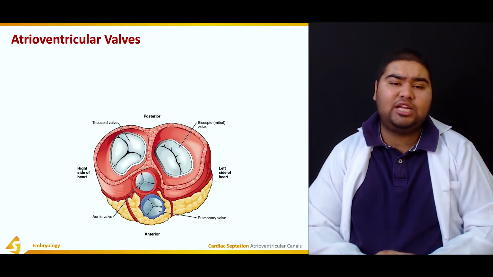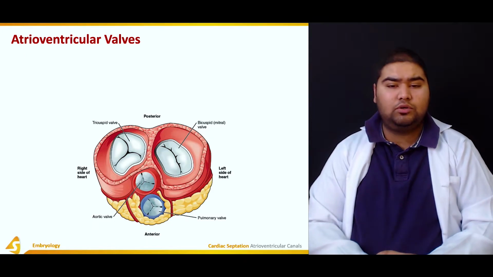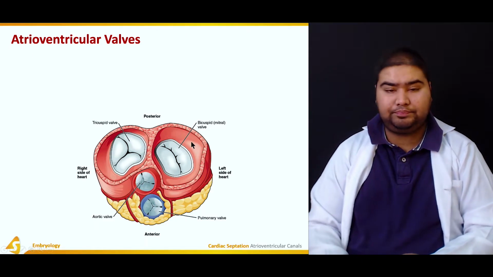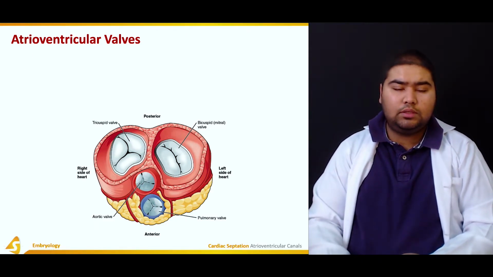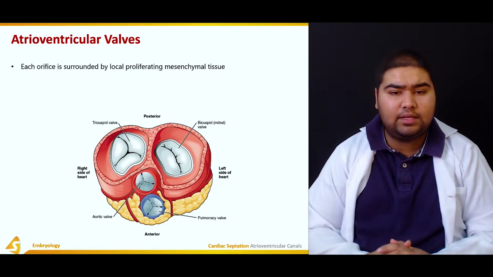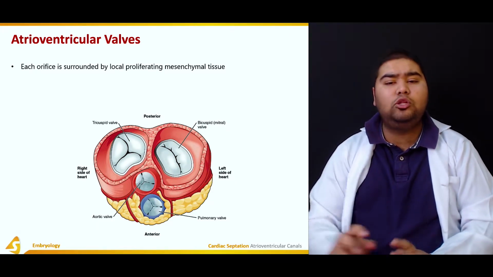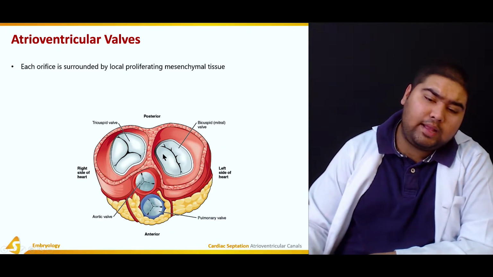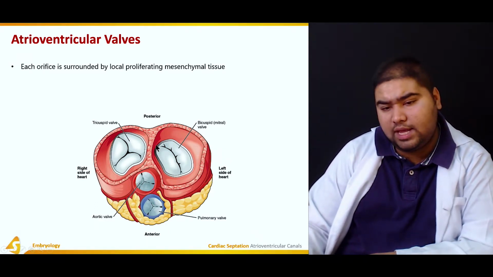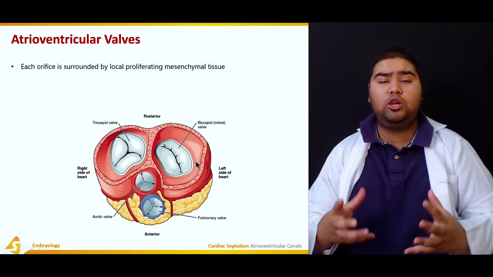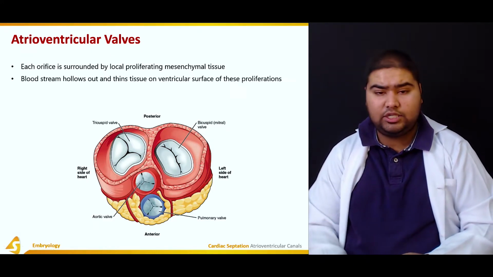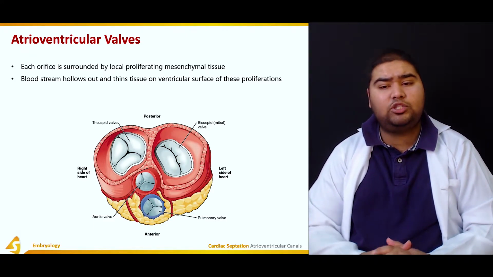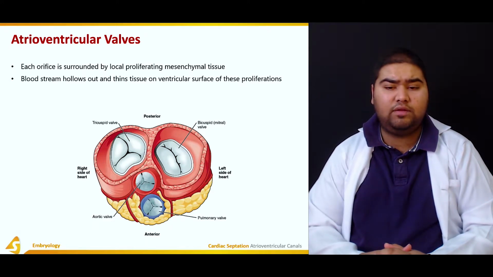Now let's talk about the atrioventricular valves. Each orifice is surrounded by local proliferating mesenchymal tissue. The bloodstream hollows out the thin tissue on the ventricular surface of these proliferations.